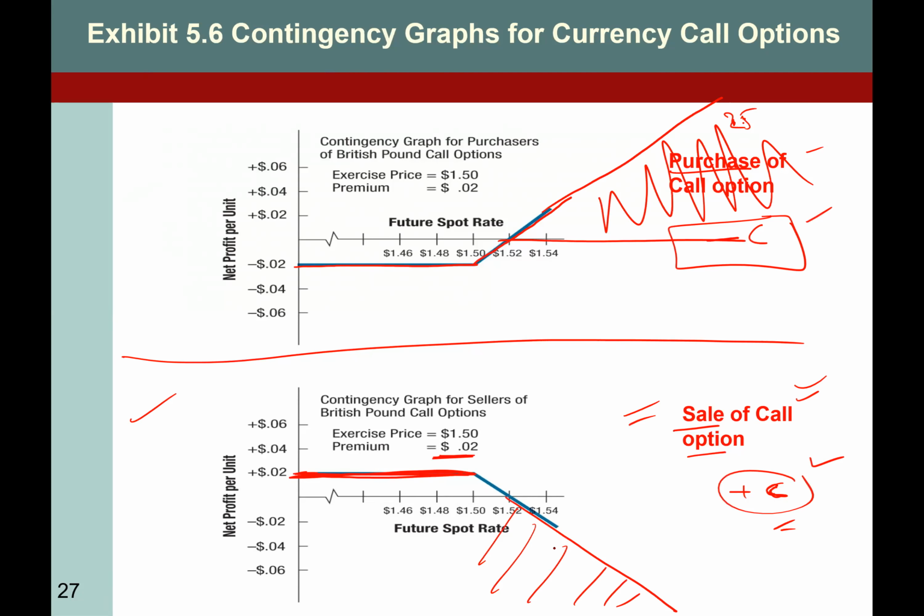Right? Only the profit is limited for the seller of the call option, but the profit of the buyer of the call is unlimited. Vice versa, the loss of the buyer of the call option is limited. After that, he will let the option expire, but the loss of the seller of the call option is unlimited.